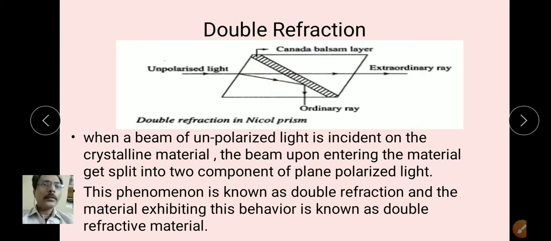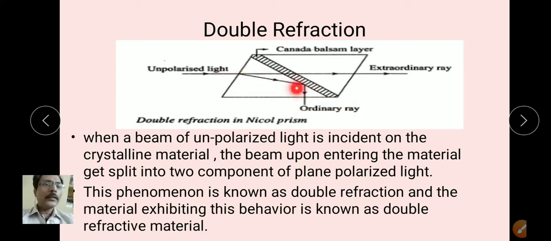This splitting of light is considered double refraction. One refraction is through this line, and another refraction makes some angle, and this refracted light ray hits the plane of the Canada balsam layer present in the Nicol prism, and it again gets refracted as an ordinary ray.